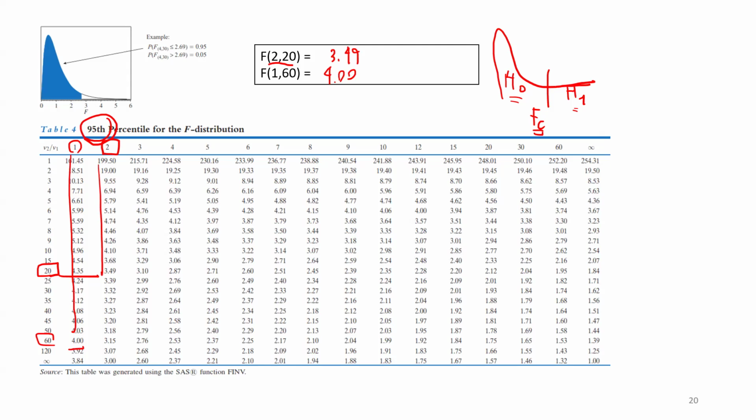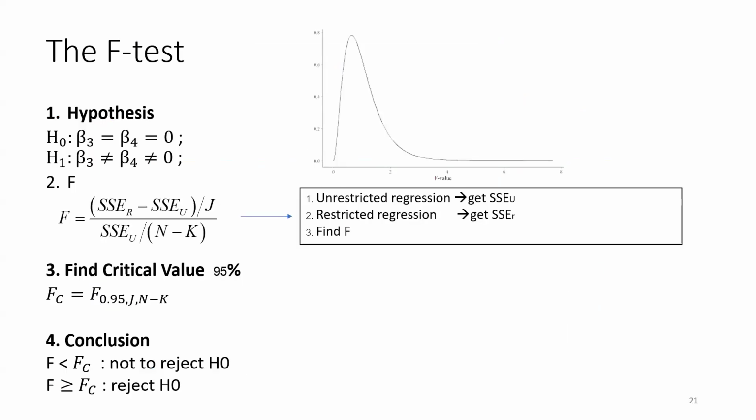Okay, then you now understand how to find all the values. So these are the steps. First step, set the hypothesis. H0 always has an equal sign. Then in the F test, you can test more than one beta together, but you can test only equal or not equal.